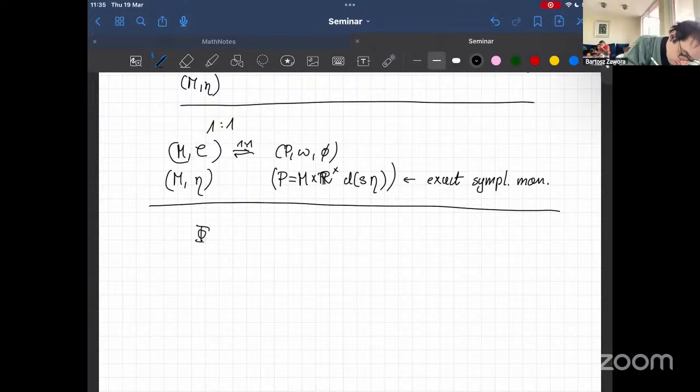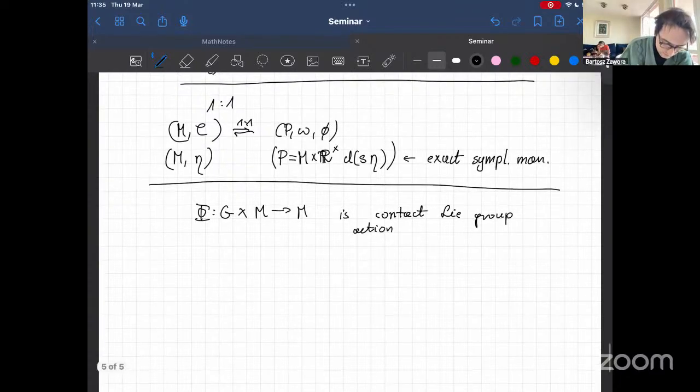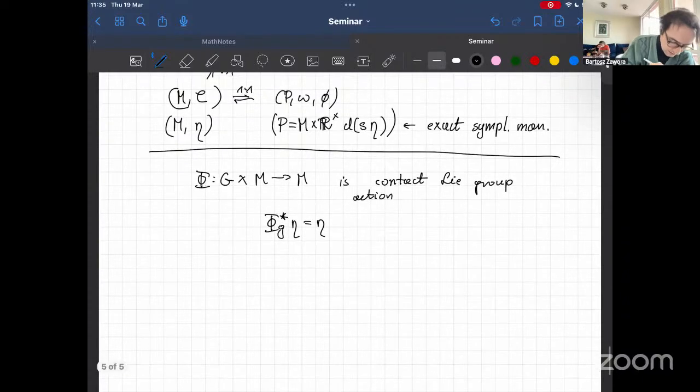So a Lie group action on a contact manifold is a contact Lie group action if it preserves, I mean, it can be generalized to preserving the distribution, but for this talk I assume that it leaves the contact form invariant.